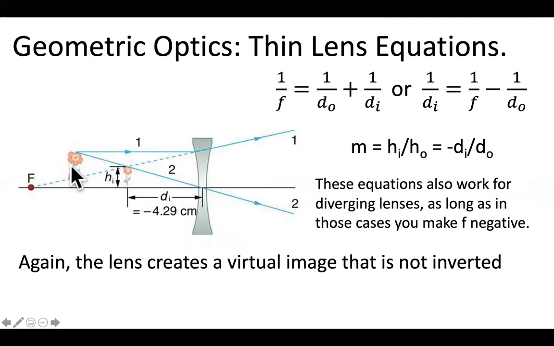Even though this object is at a real location, and so 1 over d naught is positive, 1 over f is negative, so this thing will be negative, and the image will therefore be somewhere else. So you can use these equations for any lens. You just have to know that if di is negative, it means you have a virtual image. And you have to remember, if you have a diverging lens, that f can be negative.